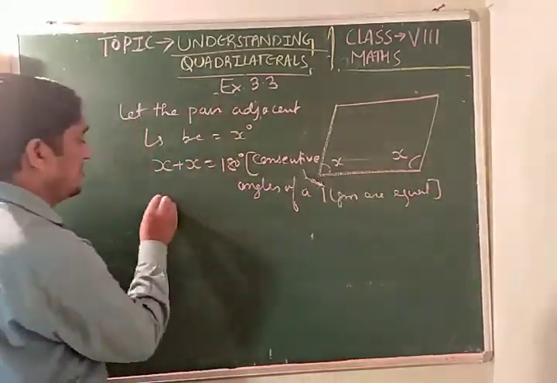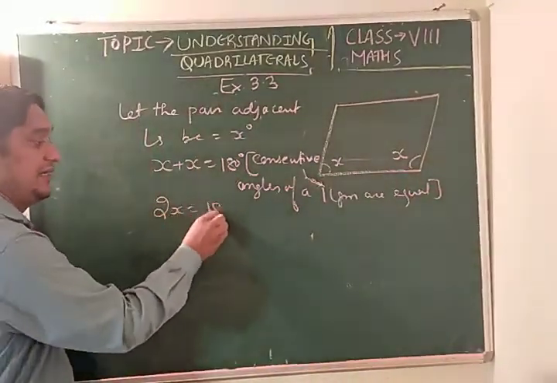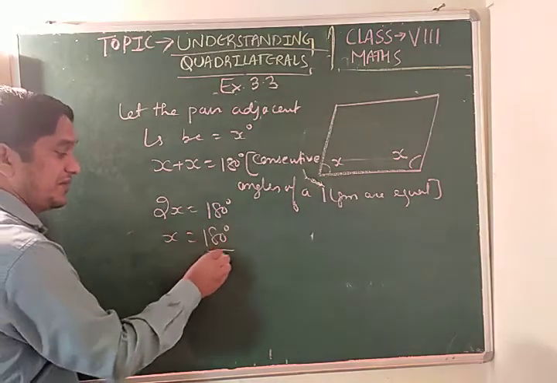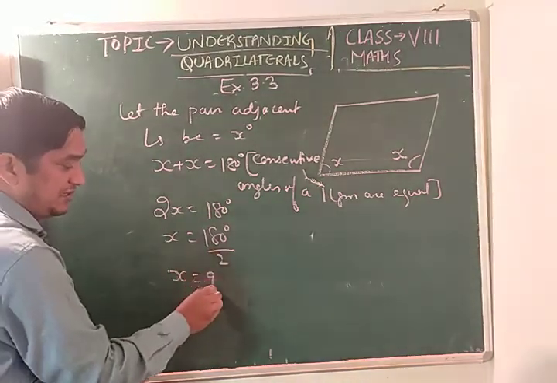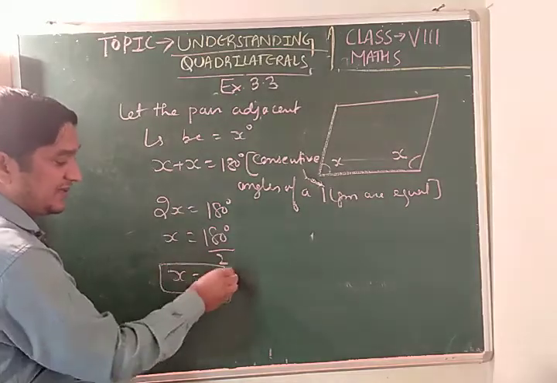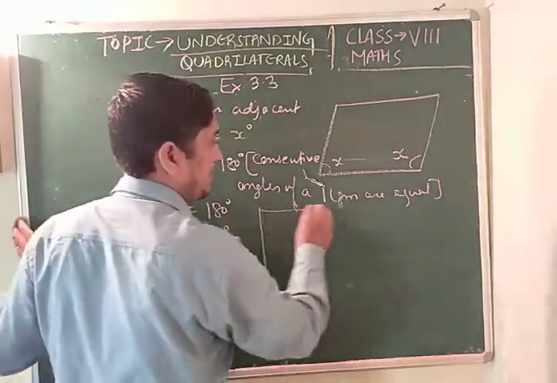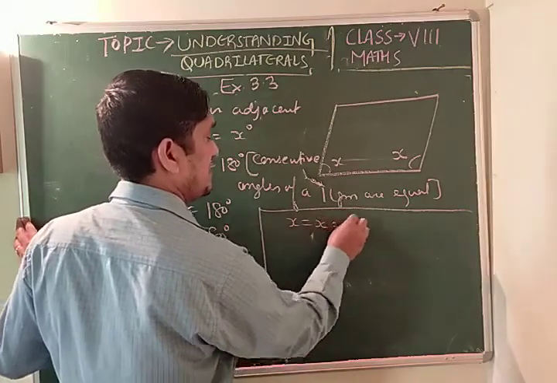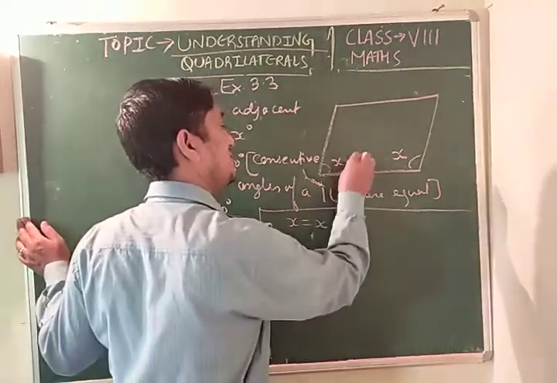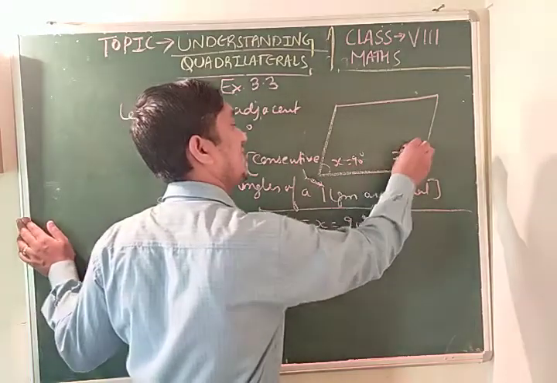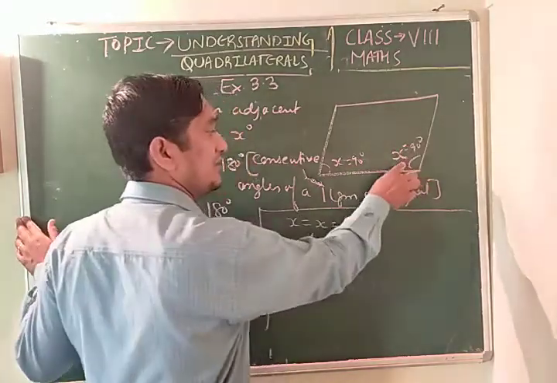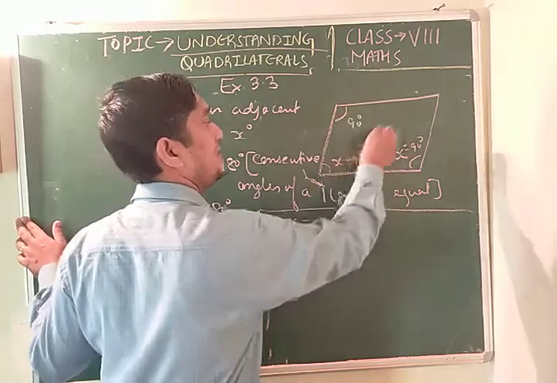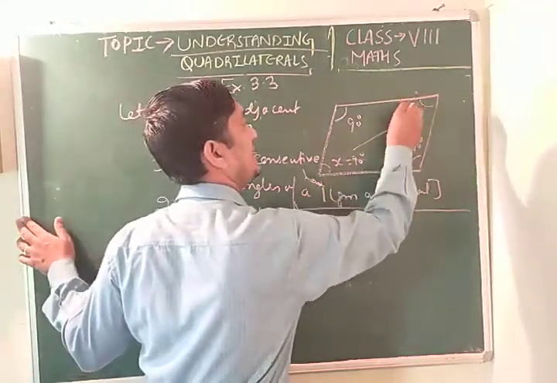So it becomes 2x equals 180 degree. x equals 180 degree upon 2. x equals 90 degree. So the two adjacent angles are x equals 90 degree. It means this is 90 and this is also 90. Now this and this are opposite angles. This is also 90 degree. This is opposite to this, that is also 90 degree.